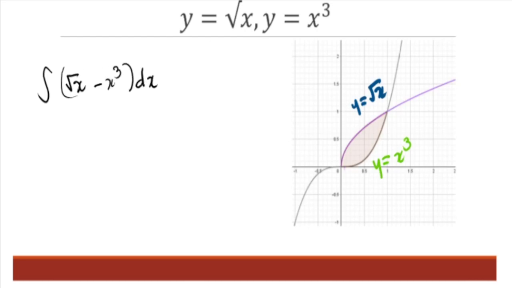Next, we have to find the bounds or the limits of integration. So from the graph, it would be from 0 to 1. But algebraically, we can solve it by considering this one and solving this equation.